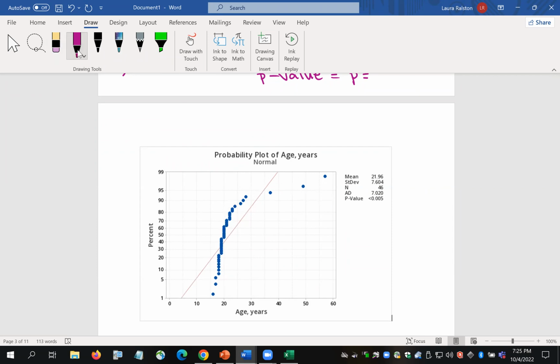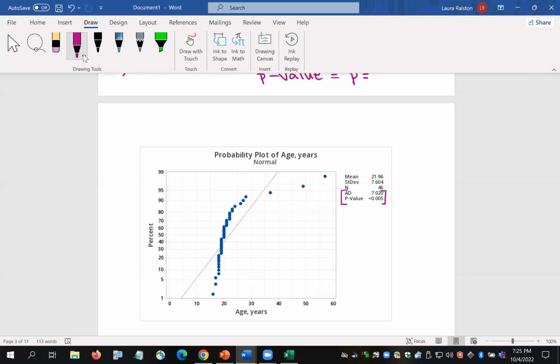Off to the side, you have several pieces of information: the mean of the sample, the standard deviation, the sample size, and then the two pieces of information that you need. You have AD, which is the Anderson-Darling, and you have the p-value.